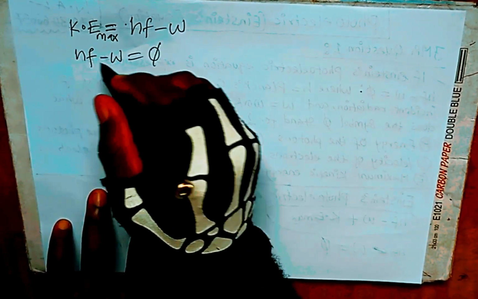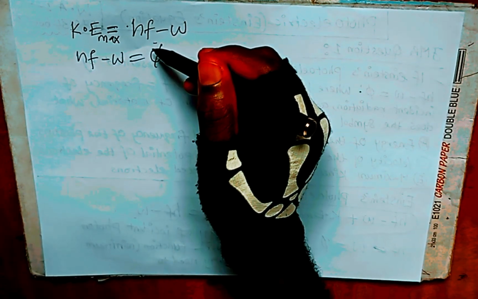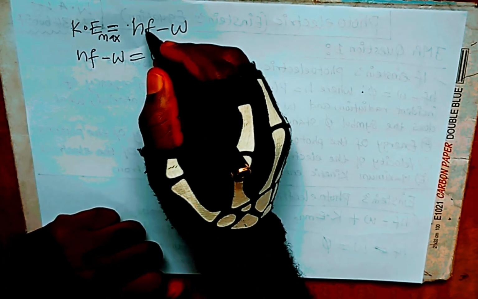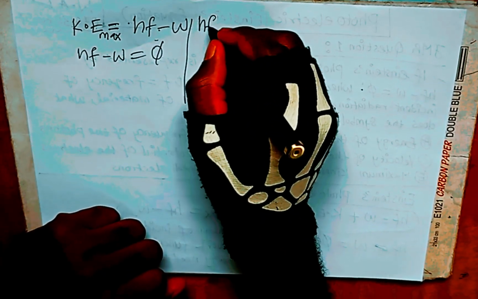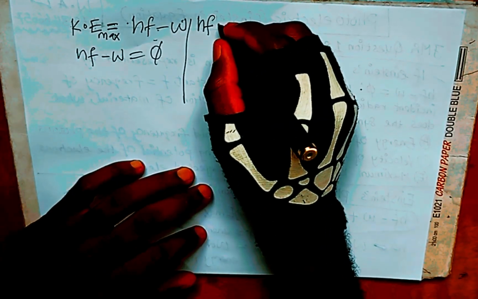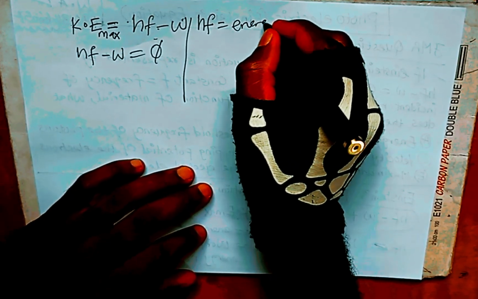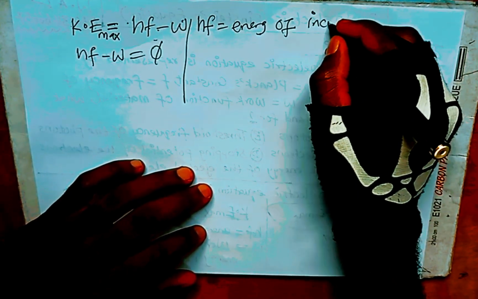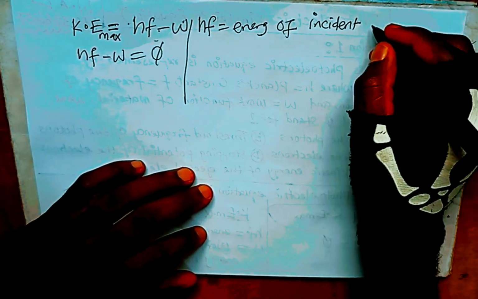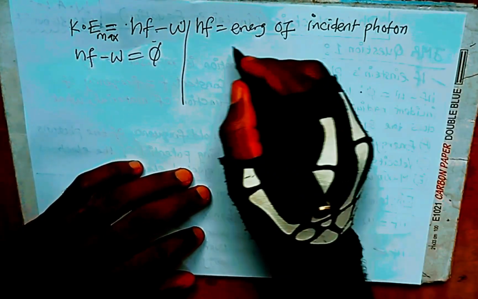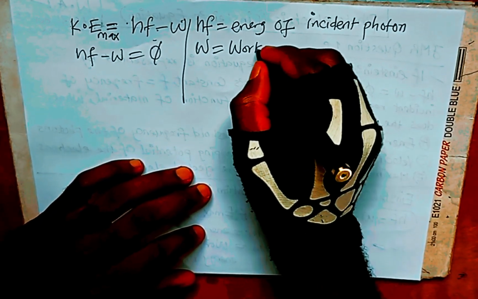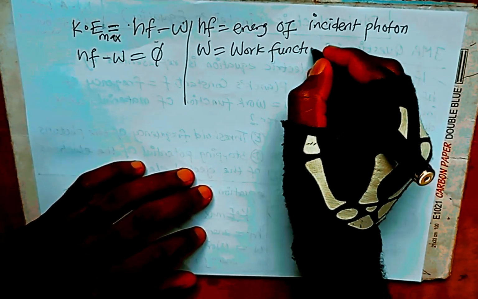You can now see some similarities between the two equations. Like I said before, this hf stands for the energy of the incident photon. W stands for the work function.